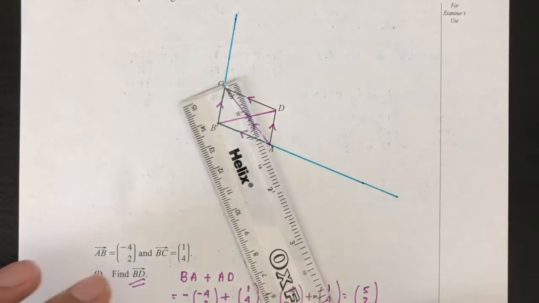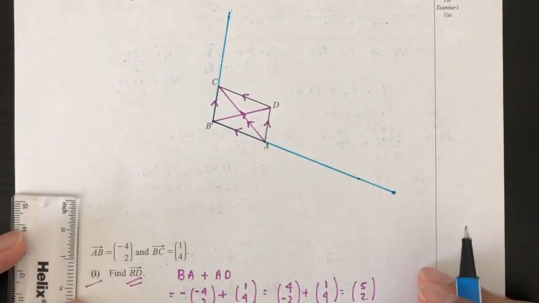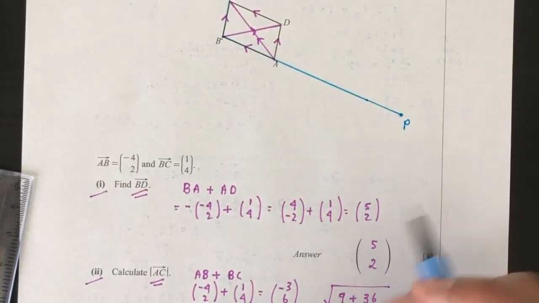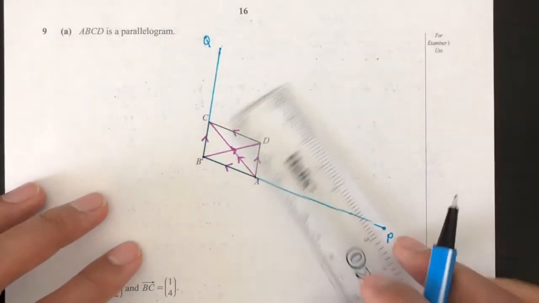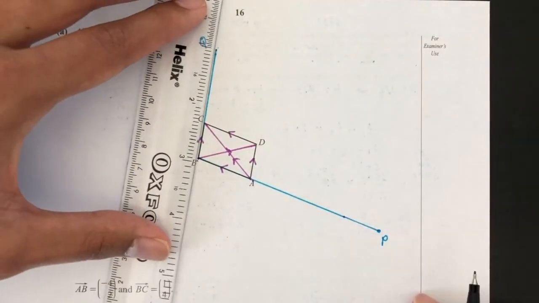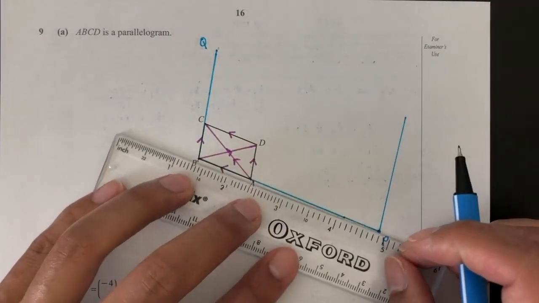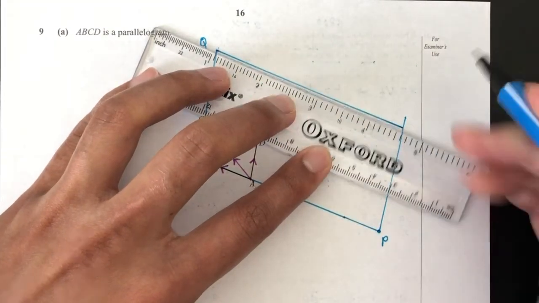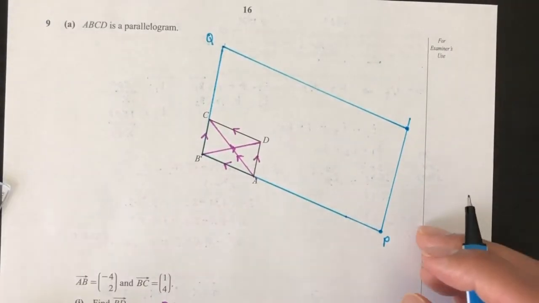In short, this might be your new points. This will be your point P, and BQ, this will be your point Q. Let's connect them to form this parallelogram. This is not an exact diagram, it's just an idea of where they might be. This is your point R.